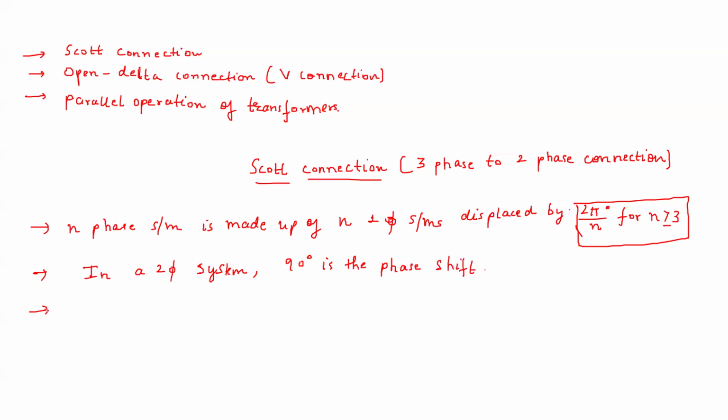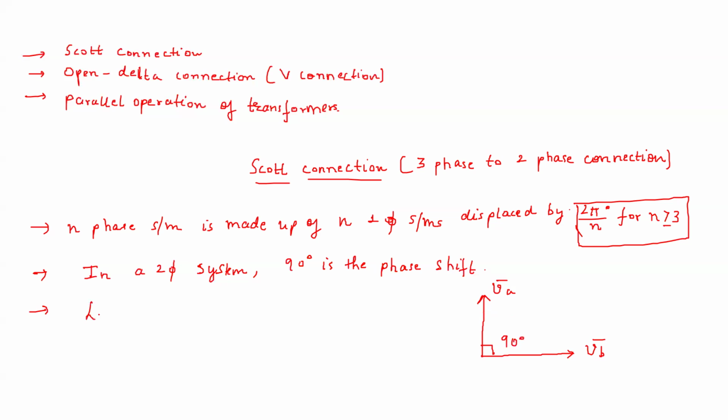So here in all my derivations, I am taking it like this. You will see in the Scott connection that from a three-phase connection, we will be getting a two-phase connection. In that two-phase connection I will be having two phases, and I am taking that the VA phase is leading the VB phase by 90 degrees.